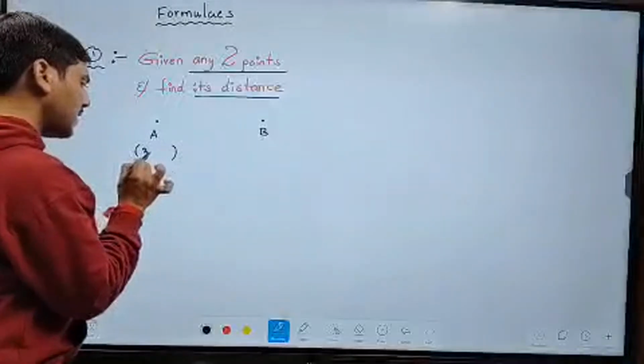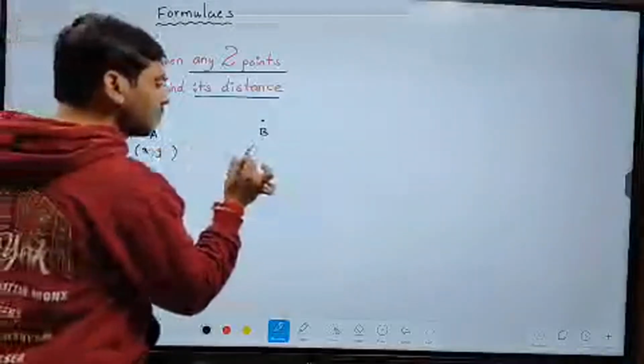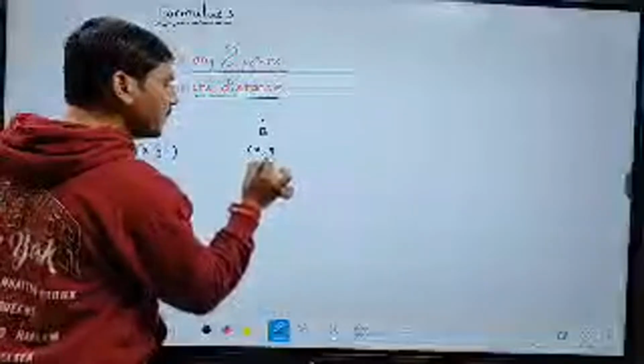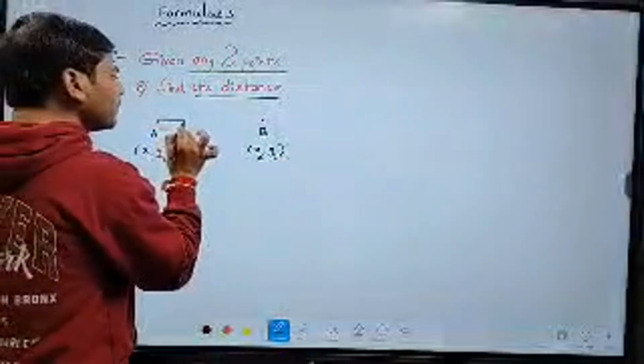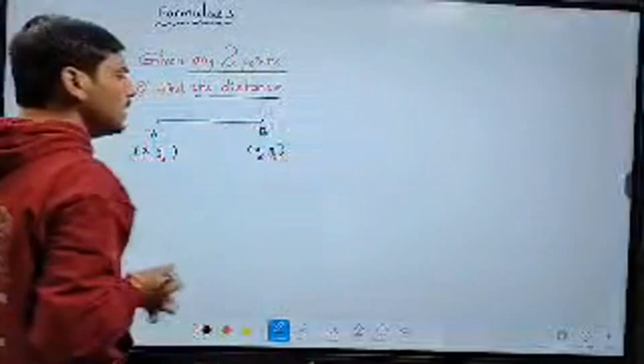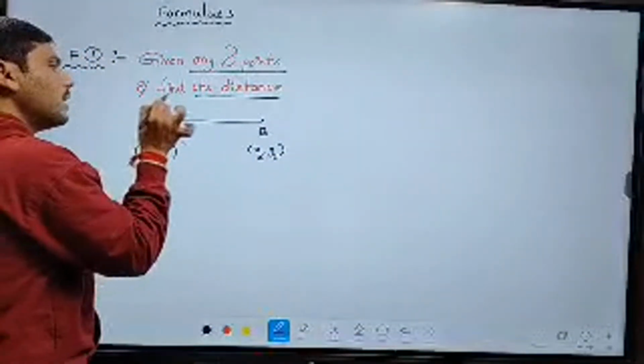This is x comma y, and this is also x comma y. Both are different points. The first point is x1, y1, and the second point is x2, y2. Now join them. This is the line segment AB.